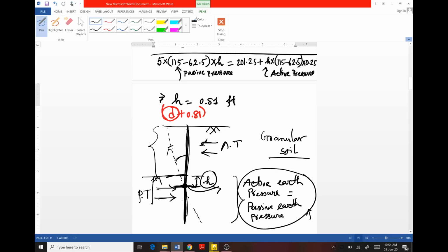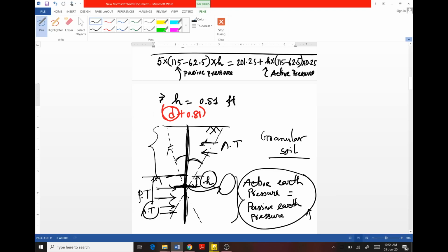And after this point H, again active thrust from this zone will overcome the passive thrust from this zone, so it will try to move it away from its initial position again, like this.